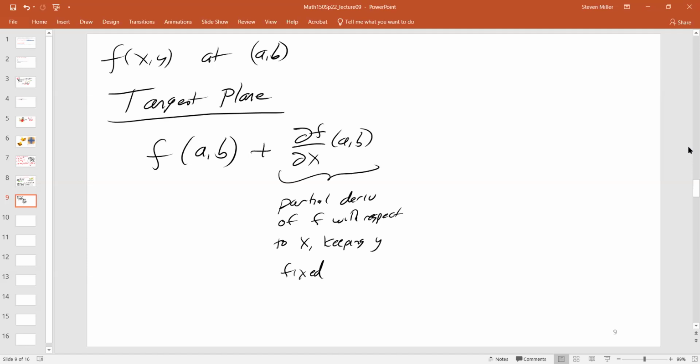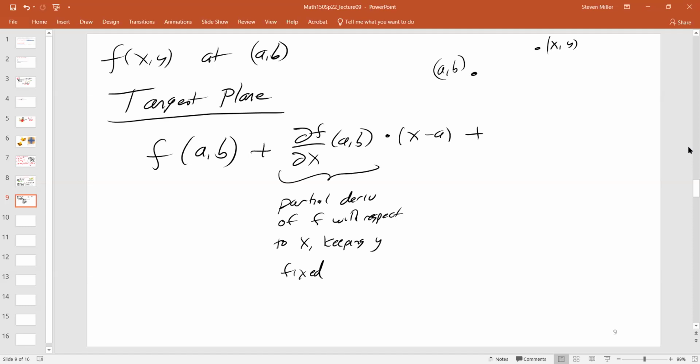So this is just looking along, we keep y fixed, and we have it as a function of x. And then what would we have to multiply this by? So we have the point (a, b), we have the point (x, y). What would we have to multiply this by? Yeah, by x minus a.